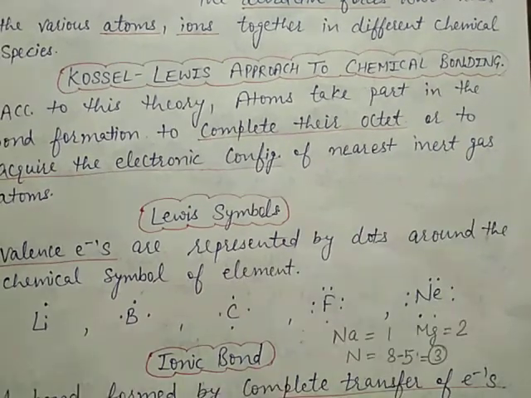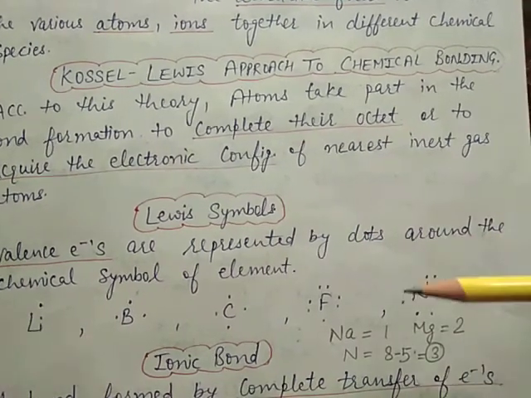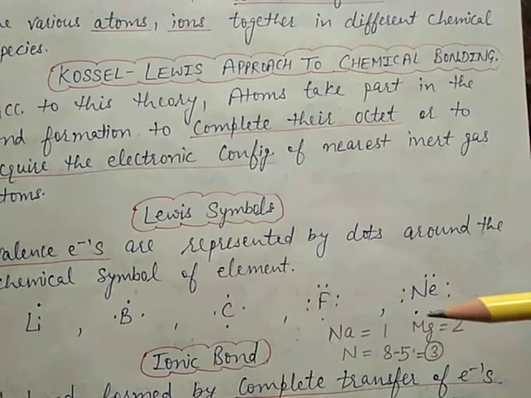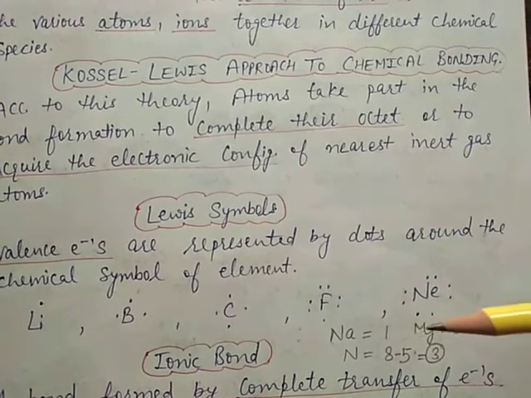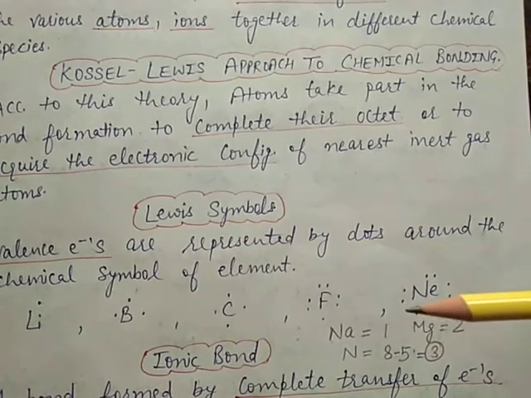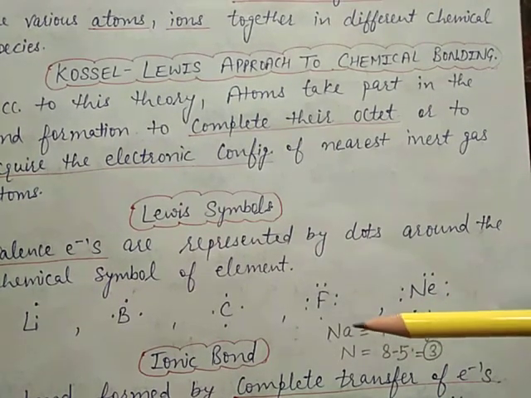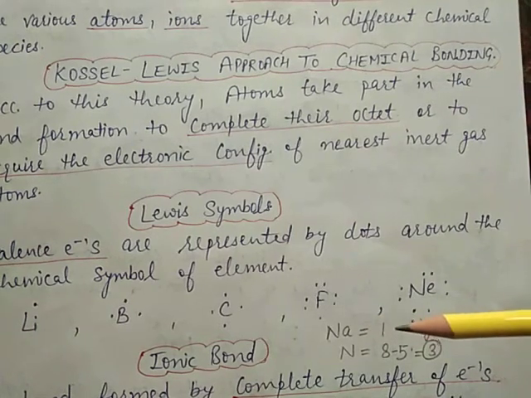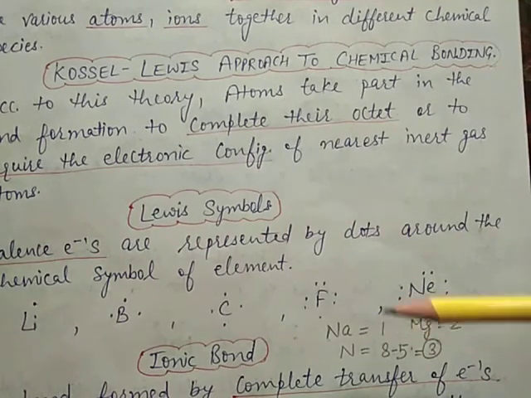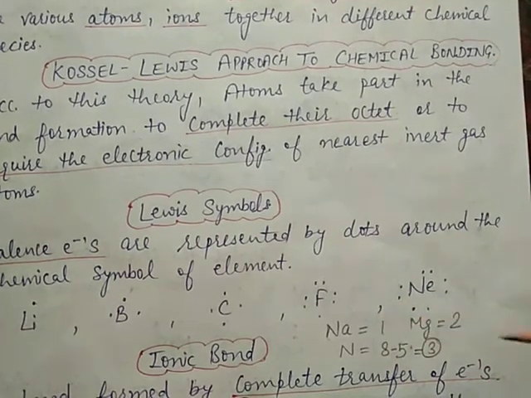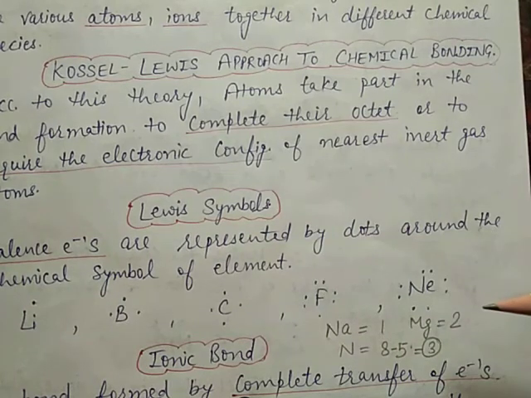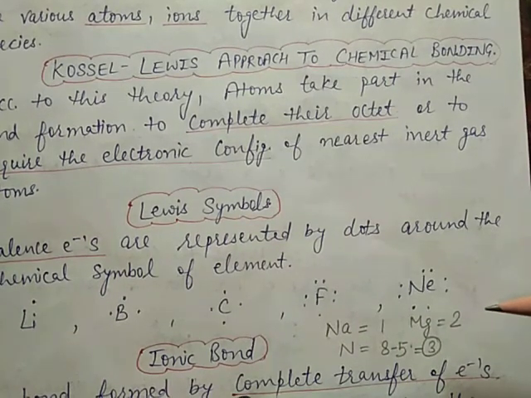So here take one example. In case of sodium, the group valence is equal to the number of dots. Sodium has only one valence electron, so the number of dots is 1. In case of magnesium, 2 valence electrons are present, so here 2 dots are present.